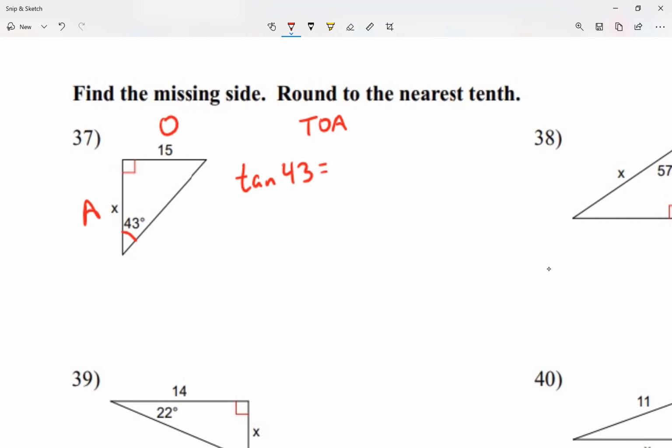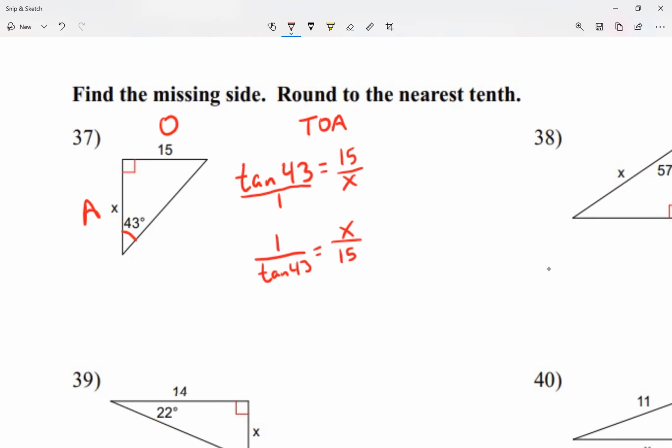So 15 over x. It would be easy if the x was on top, but it is not. So what I'm going to do, let me make this two fractions. Let me flip my fractions, both of them. 1 over tangent of 43 is equal to x over 15.